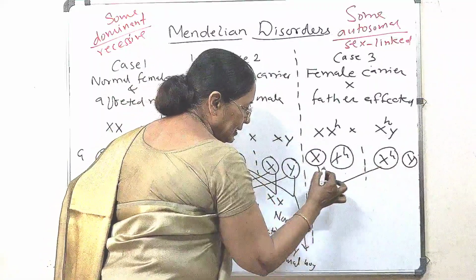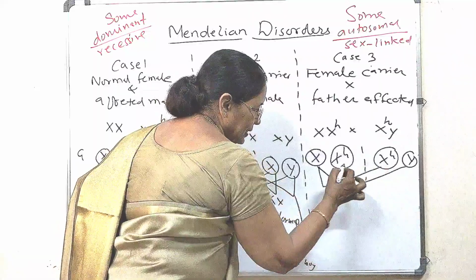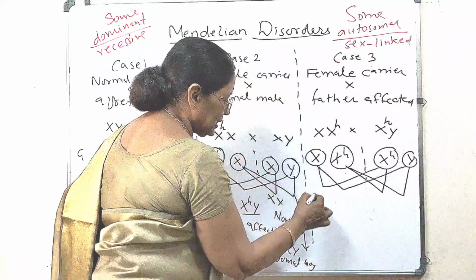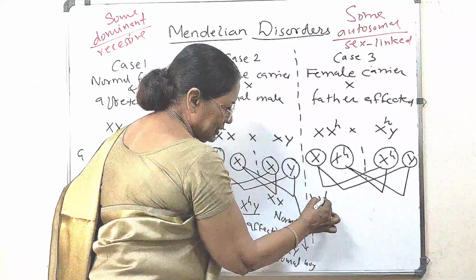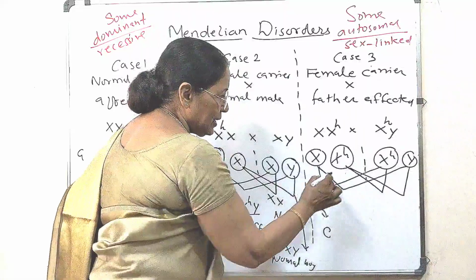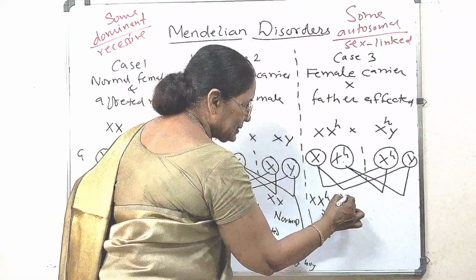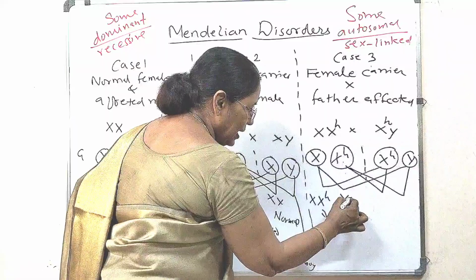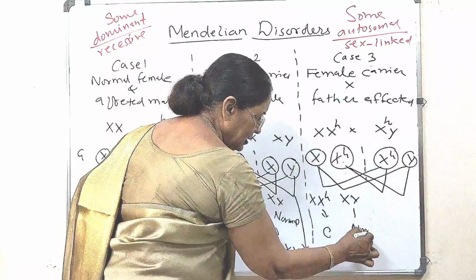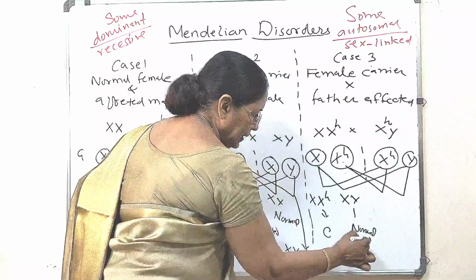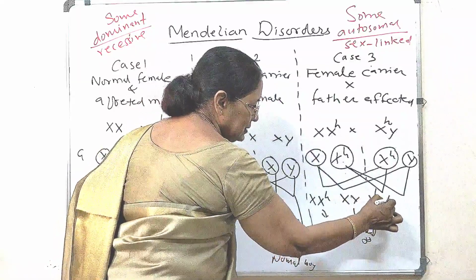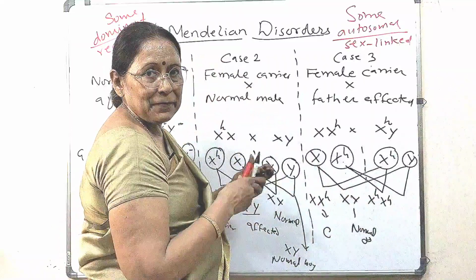First draw these lines, it is easier that way. Do this one. So this is XXh, the carrier daughter. This one, X and Y, is a normal son. Next, XhXh. Here we got it.